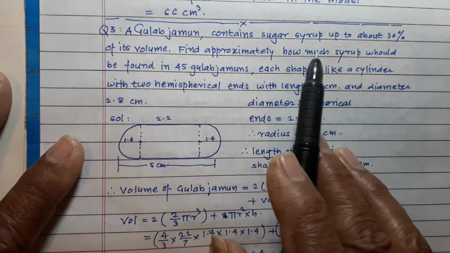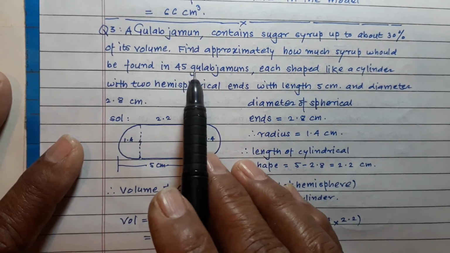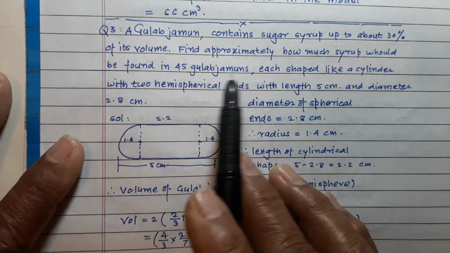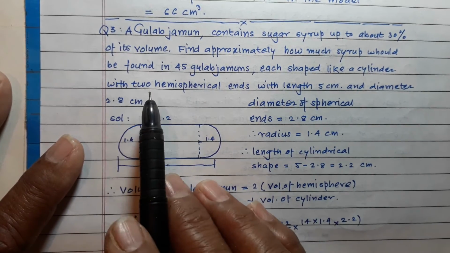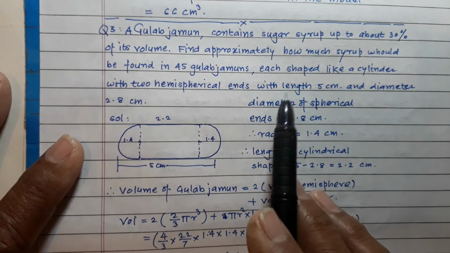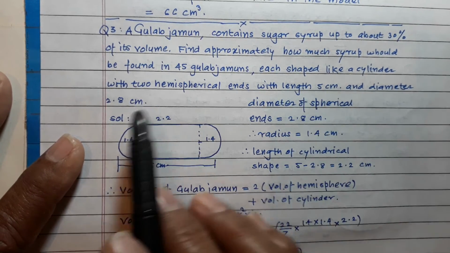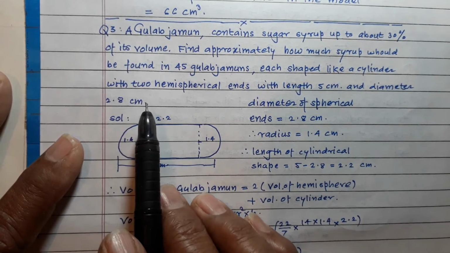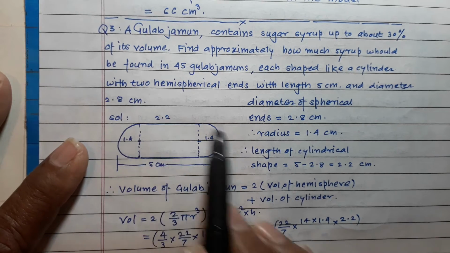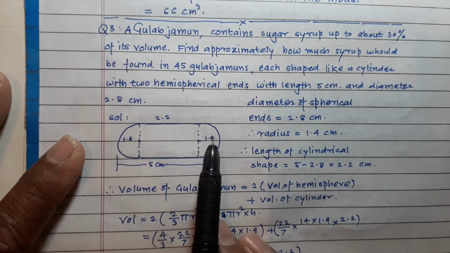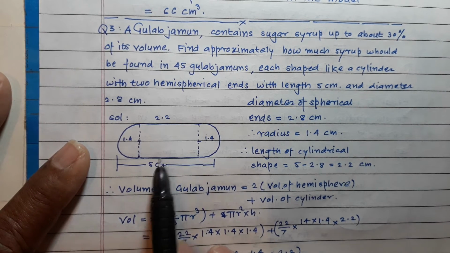Find approximately how much syrup would be found in 45 gulab jamuns, each shaped like a cylinder with two hemispherical ends, with length 5 cm and diameter 2.8 centimeter. So this is a figure of a gulab jamun. These are two ends which are hemispherical. This is cylindrical.